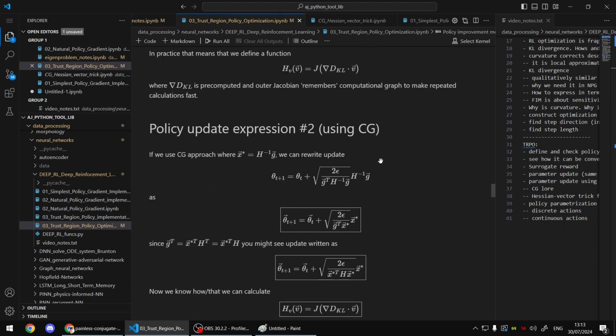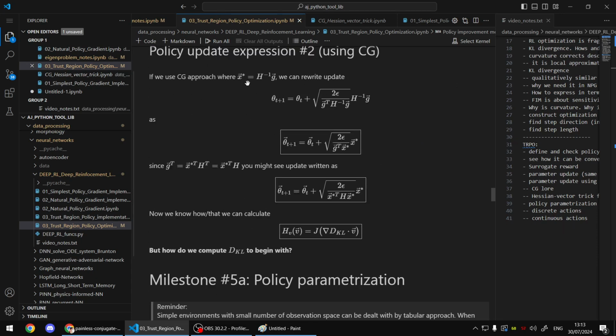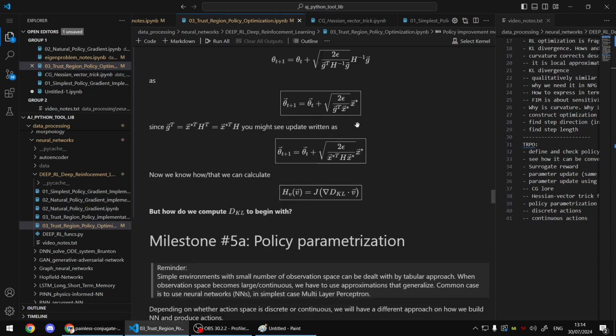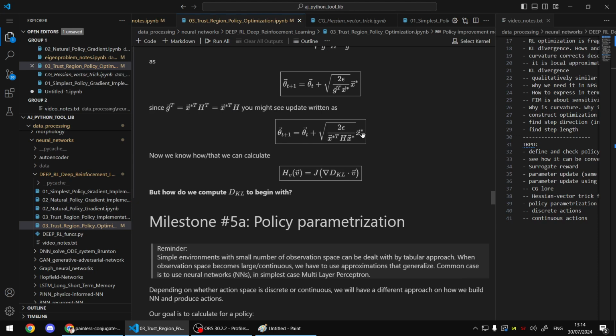So don't worry. Here I basically write it out, right? So this is the default. We can replace H inverse g by x star, but then we have a gradient transpose by H star, but we know what it is, and then we can rewrite it as this.